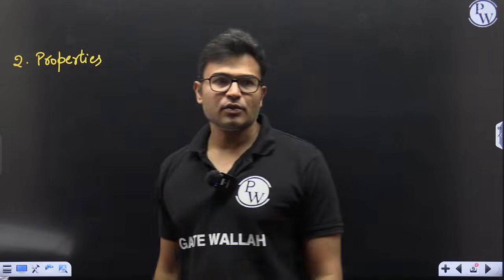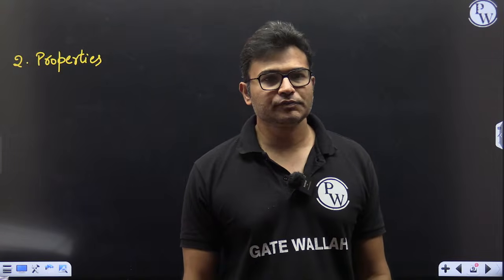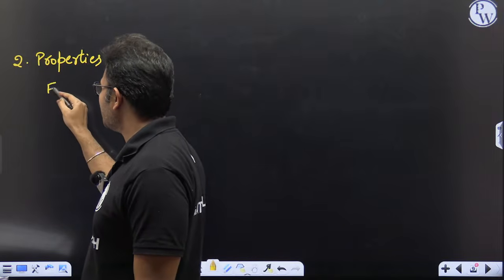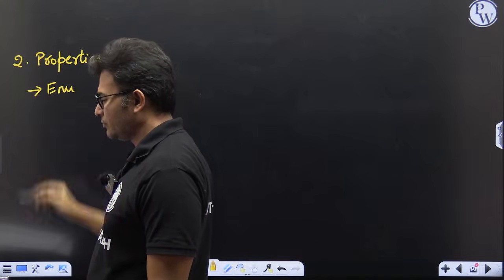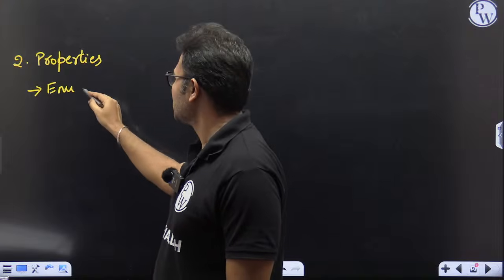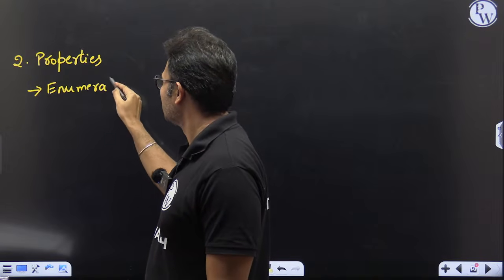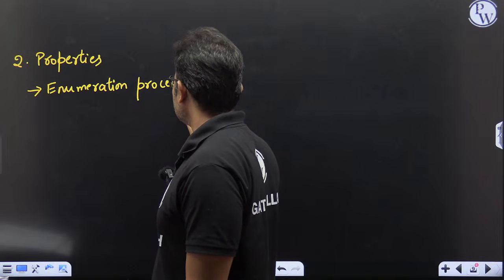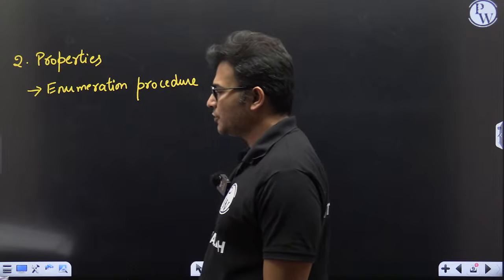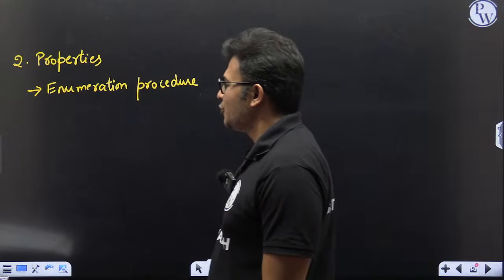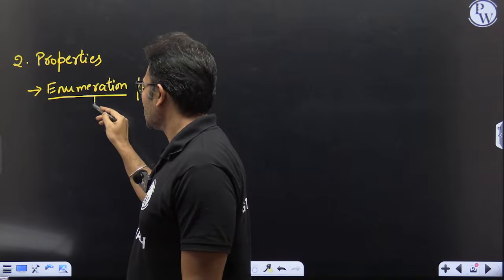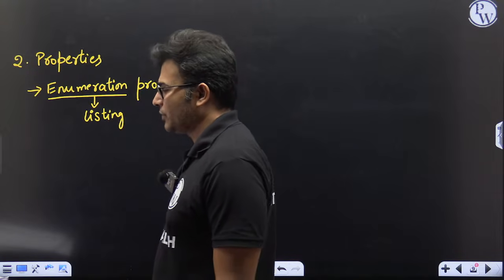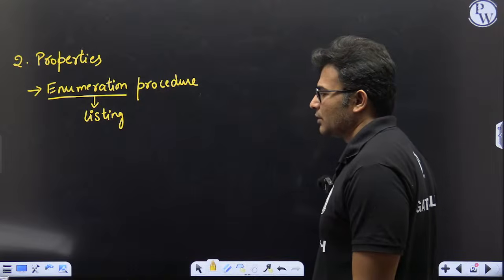The properties we are going to see are the enumeration procedure. Enumeration means listing.